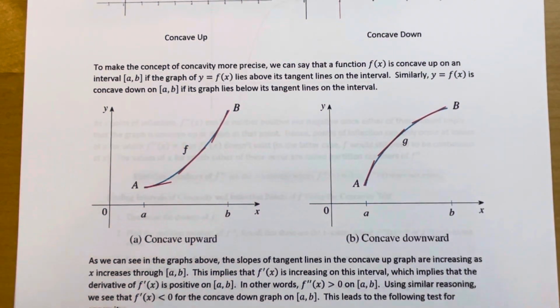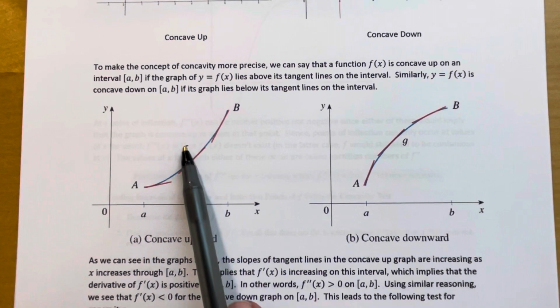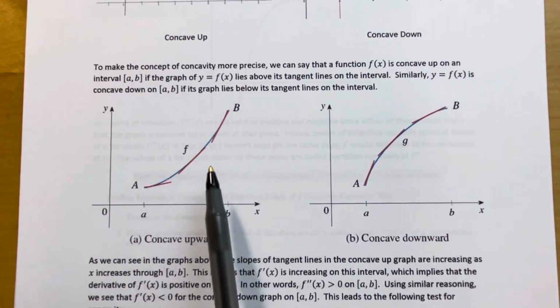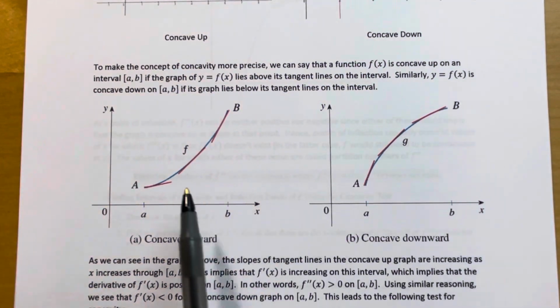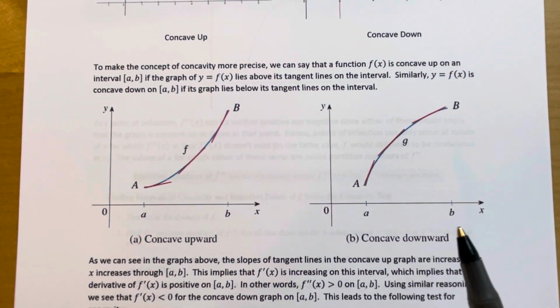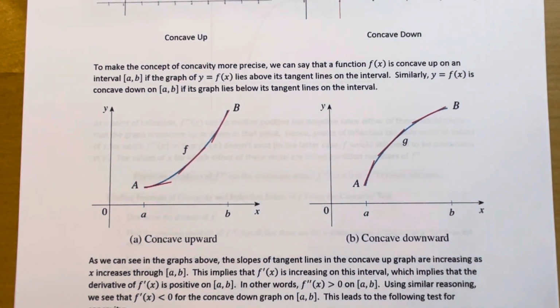So that still doesn't reveal right away what the relationship between concavity and the second derivative is. But let's use these pictures as sort of a guide. So remember, first of all, that the second derivative is the derivative of the first derivative. And we can interpret any derivative as a rate of change.